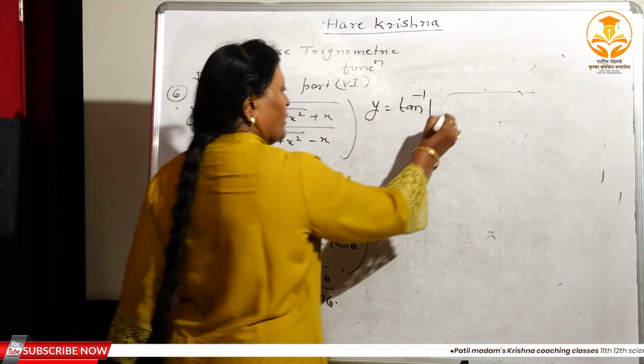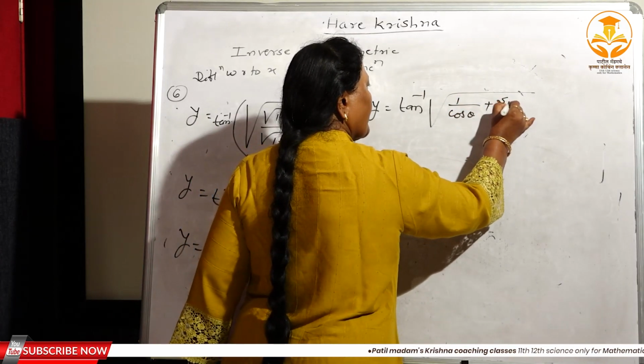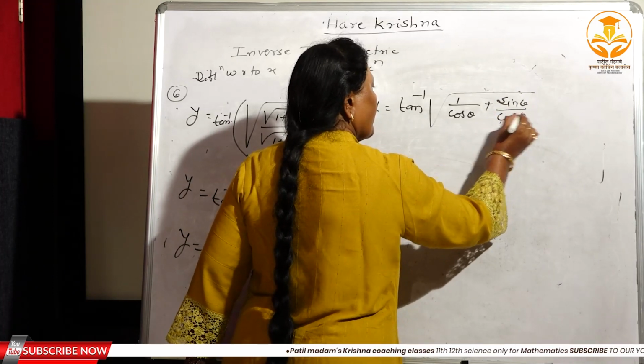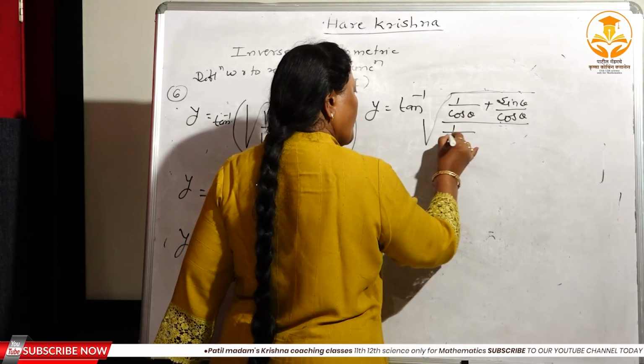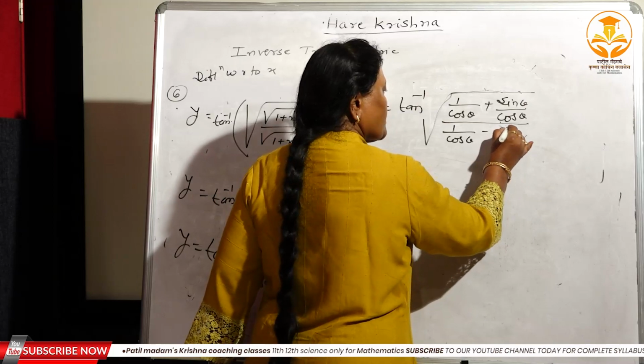The sec you can convert in the form of 1 by cos, and the tan you can write in the form of sin by cos. Here also in the root, 1 upon cos theta and minus sin by cos.